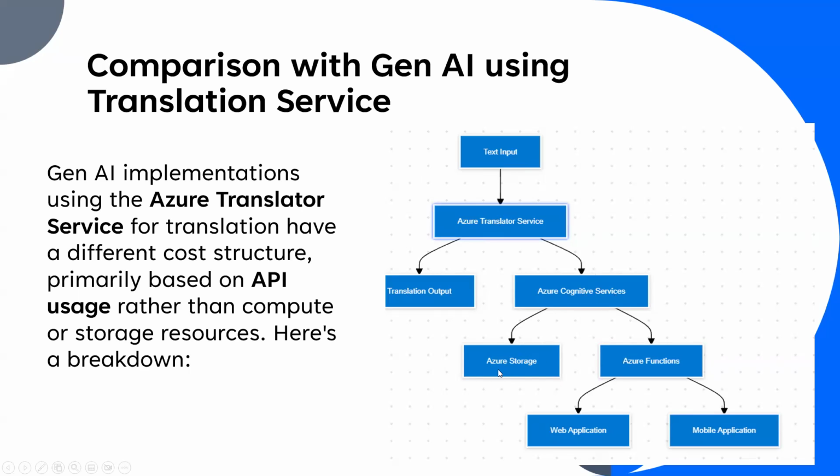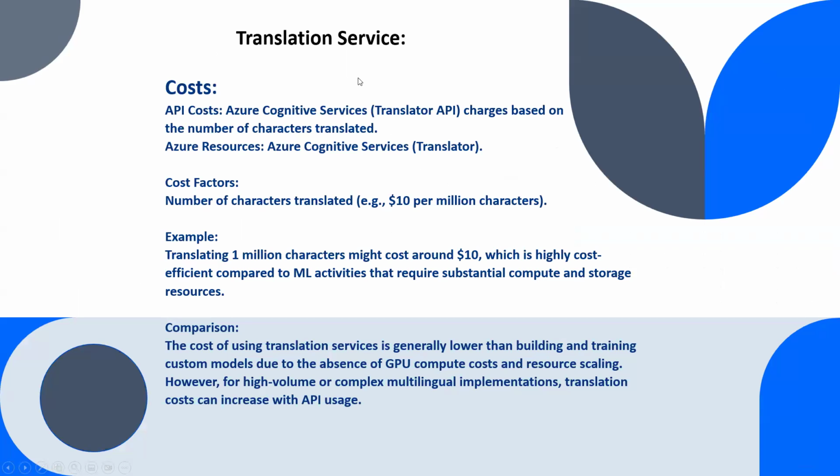From there, for example, you could send it to a text analytics service, and the output can be stored into a storage, maybe a blob storage. Or it can be further used in Azure Functions for running an application. And then from here, it can be input into a web application or mobile application. Translation service.